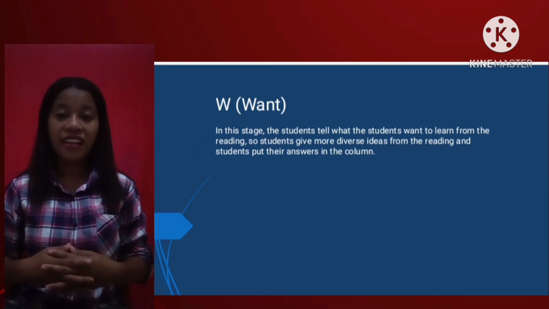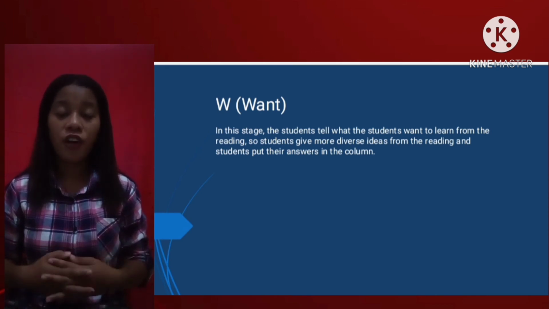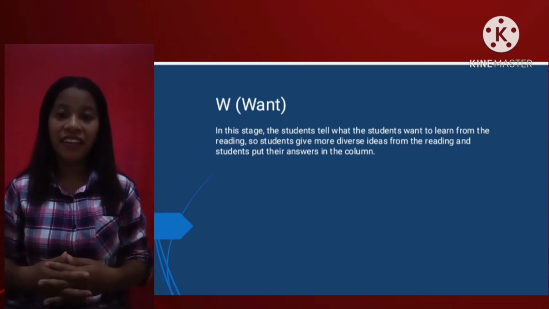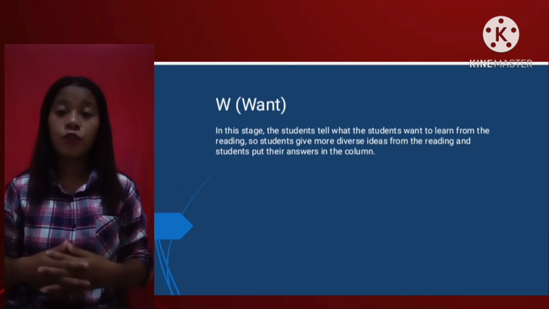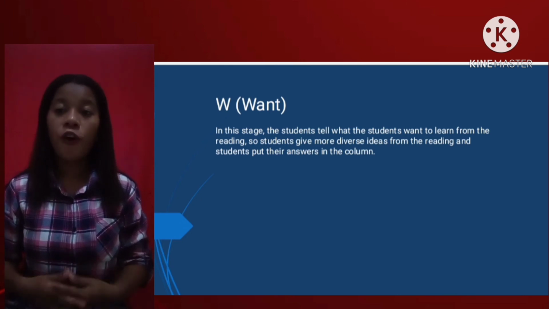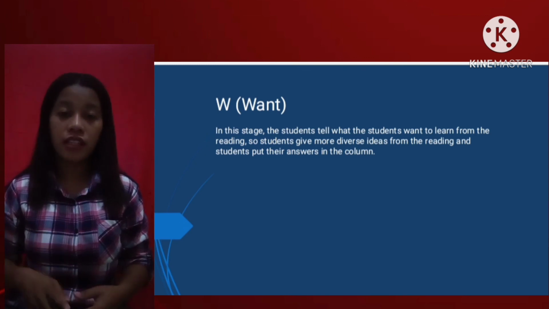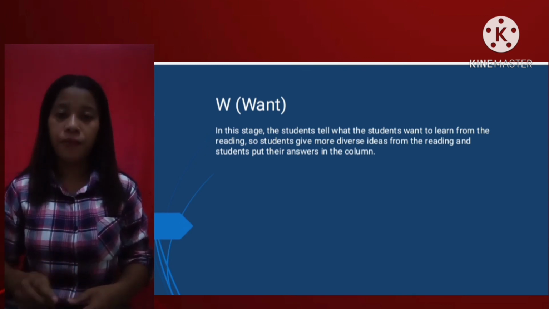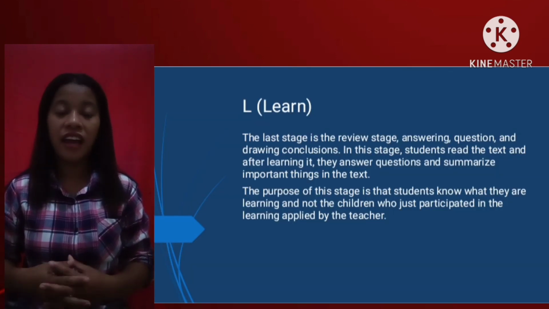In the Want stage, students want to learn from the reading. So, students give more diverse ideas from the reading and put their answers in the column. Next, about the Learn stage.